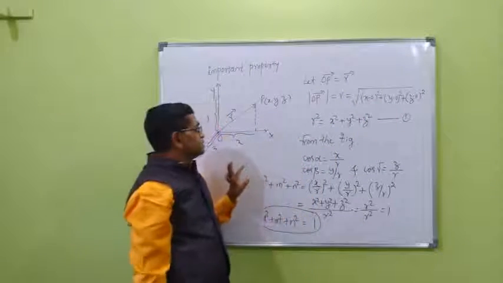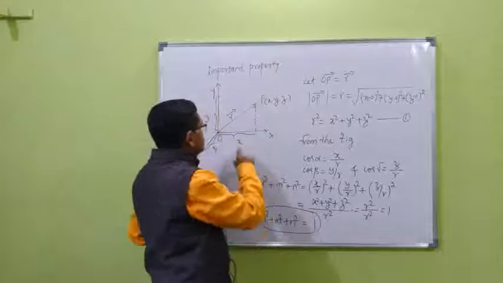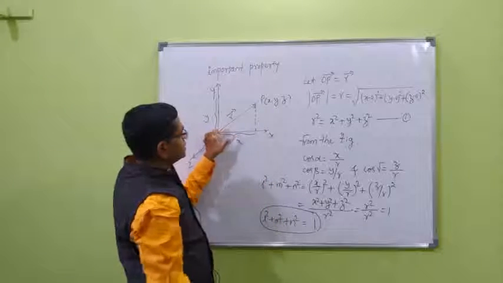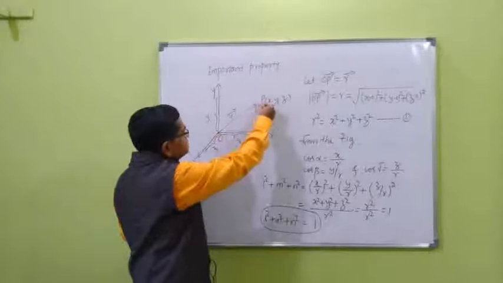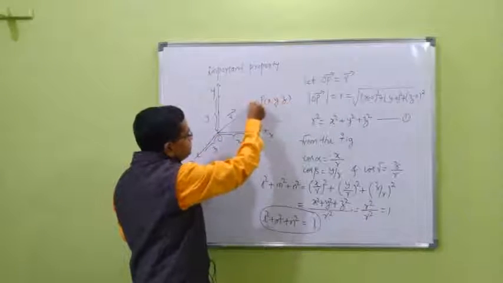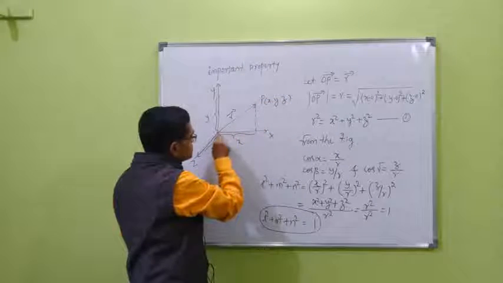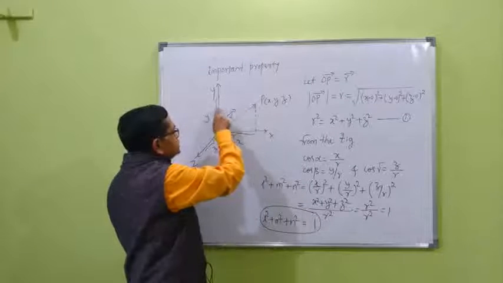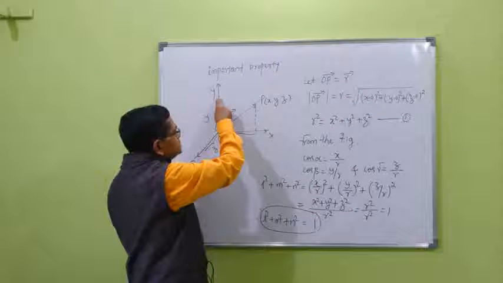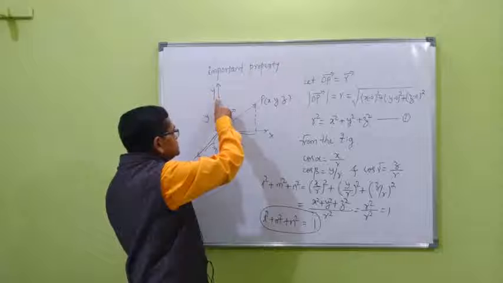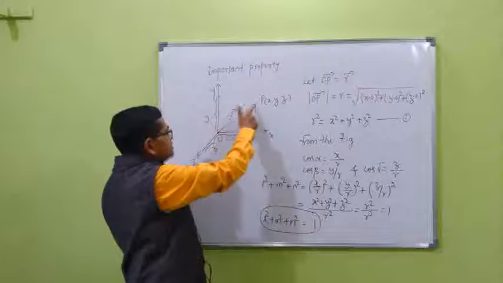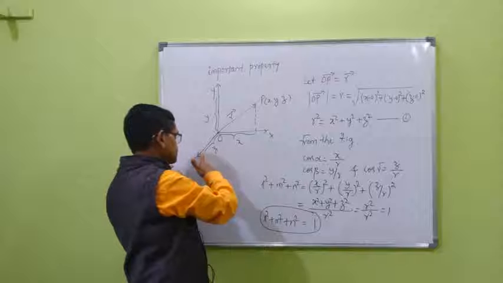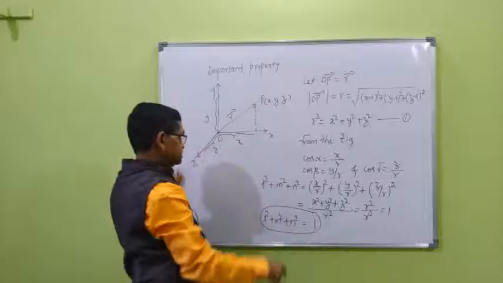Now from the figure, this is alpha. Cos alpha is given by, this point is x, y, z, and this distance is x. If you draw the perpendicular line to the y-axis, suppose it meets somewhere here, then this distance is y, and the perpendicular distance from this P to the z-axis is z.